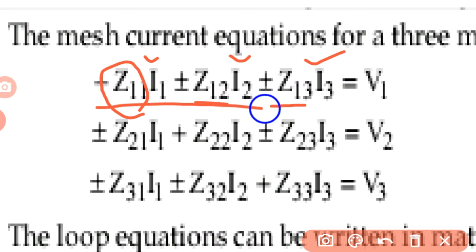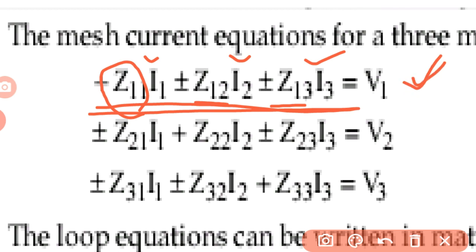So the sum of these voltage drops is equal to the total voltage across loop 1, that is V1. That means Z11 I1 is a voltage drop, since V is equal to IR. Assume the drops as VA, VB and VC; the total sum is the loop voltage V1.